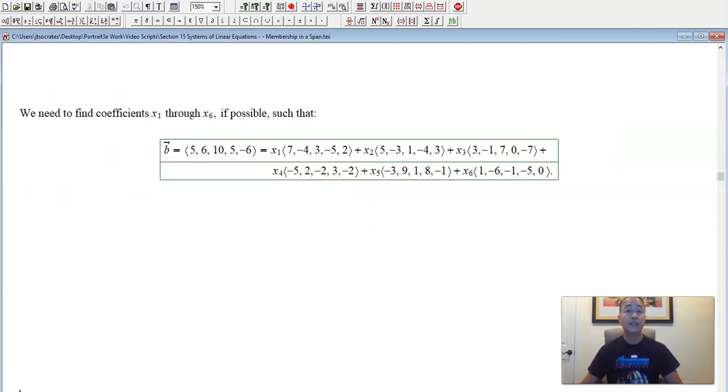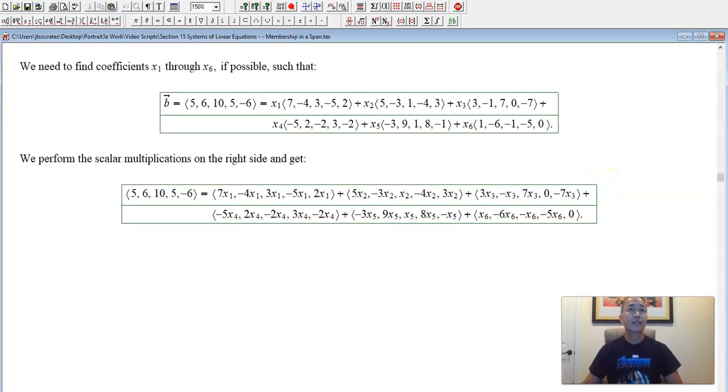So based on the definition of span, this comes down to looking for 6 coefficients, x1 through x6, such that b is a linear combination x1 v1 plus x2 v2, and so on through x6 v6.